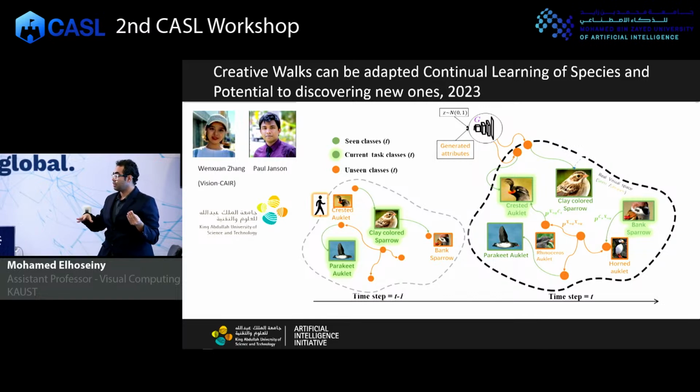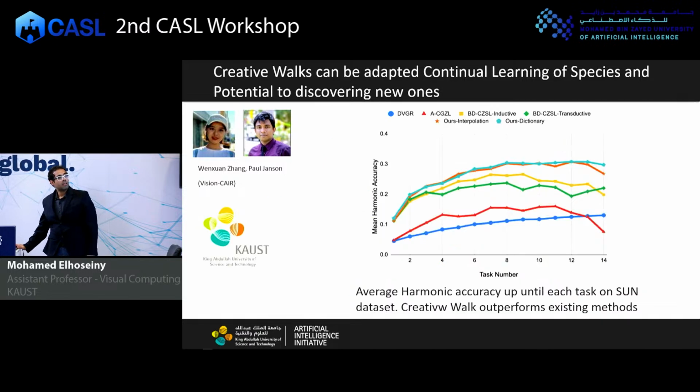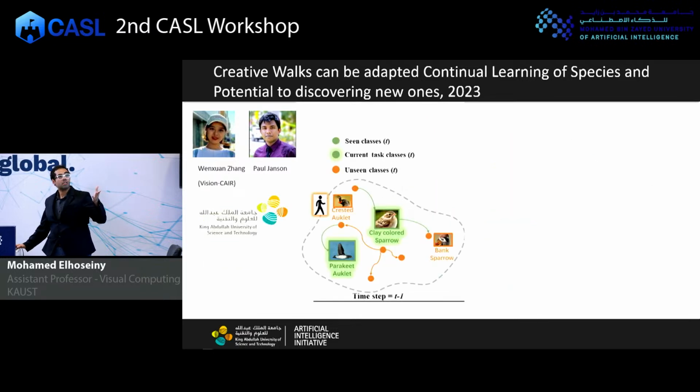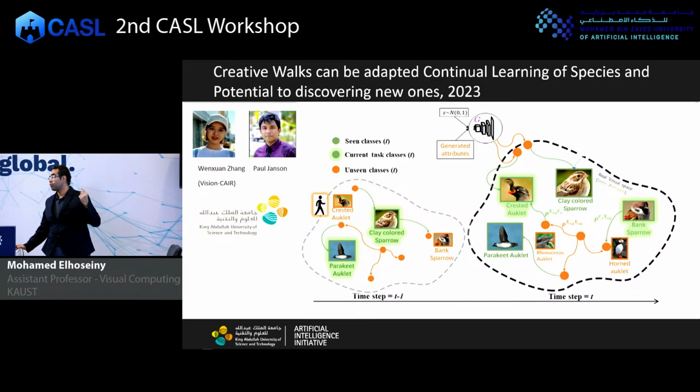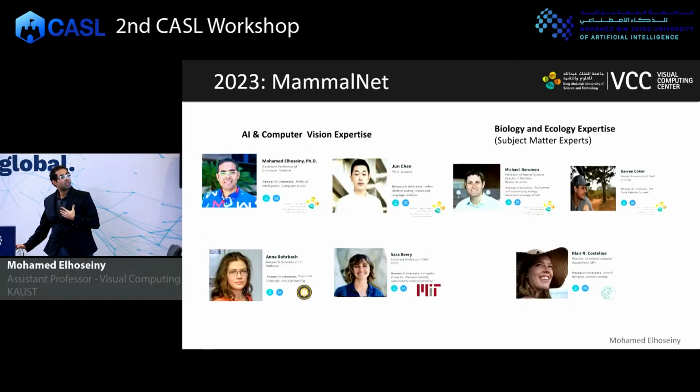So this encourages the visual representations of these unseen classes to be more separable from seen ones. And we have results that show that adding this loss function improved on top of the earlier ICCV paper that I just presented. It's an improved version, based on message passing between those generations.